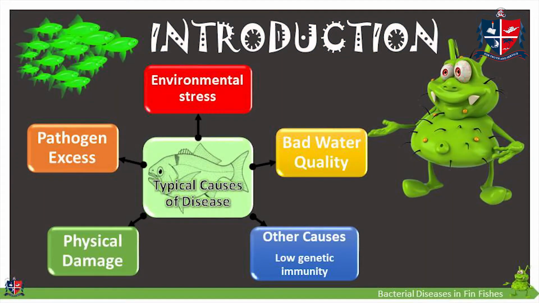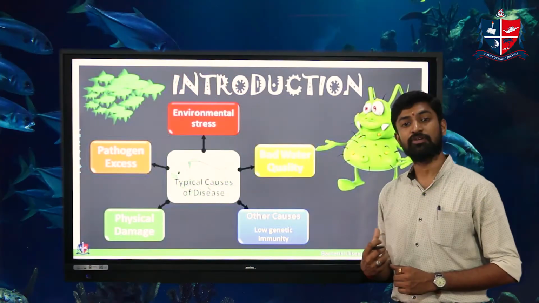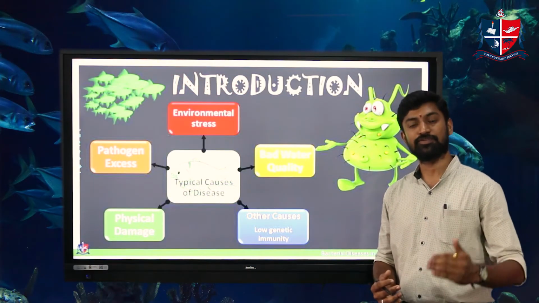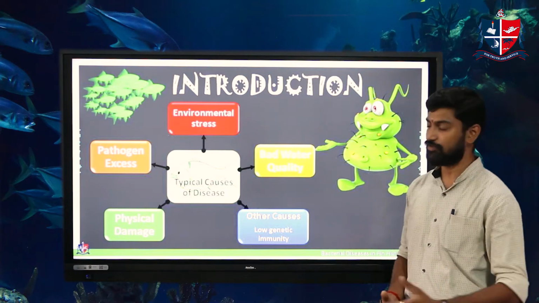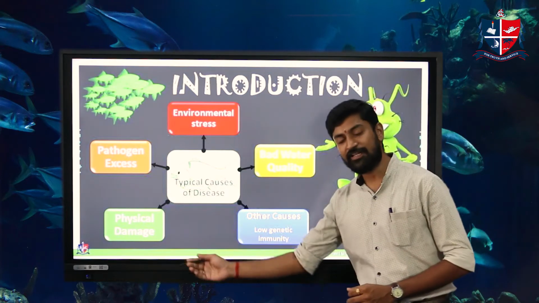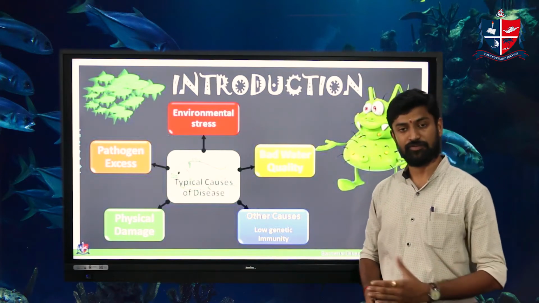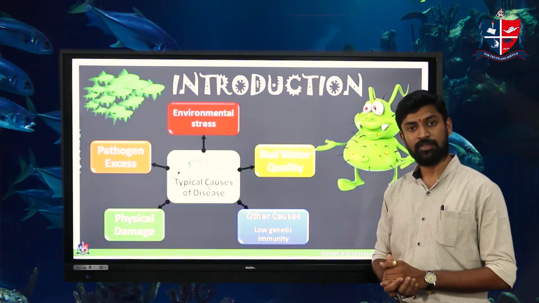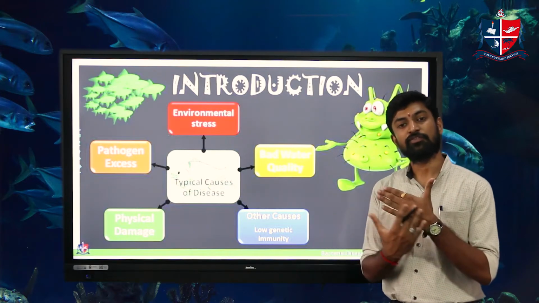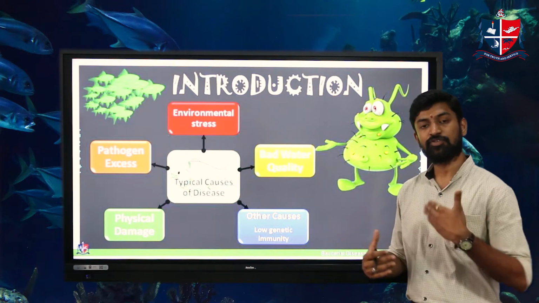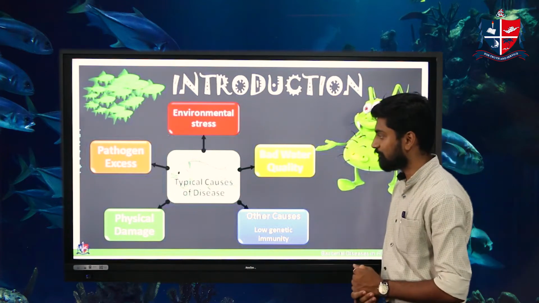Water quality is one of the important parameters in aquaculture. And low genetic immunity of the host, or low genetic immunity of the fish, also causes disease in fishes. Then physical damage, lesions of the body, physical damage of the surface, is also causing disease in fishes.